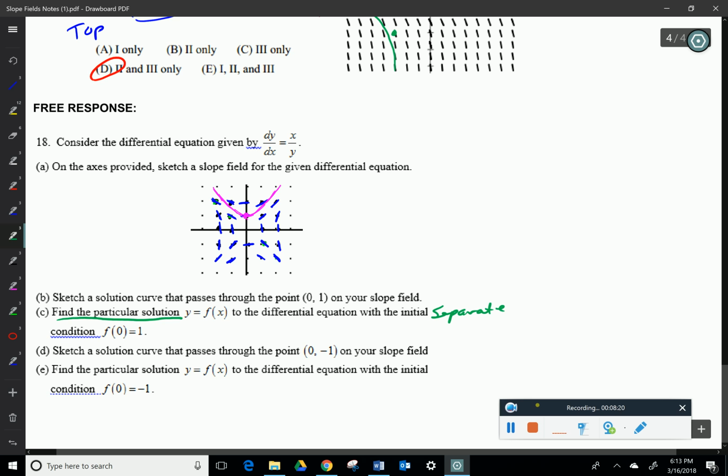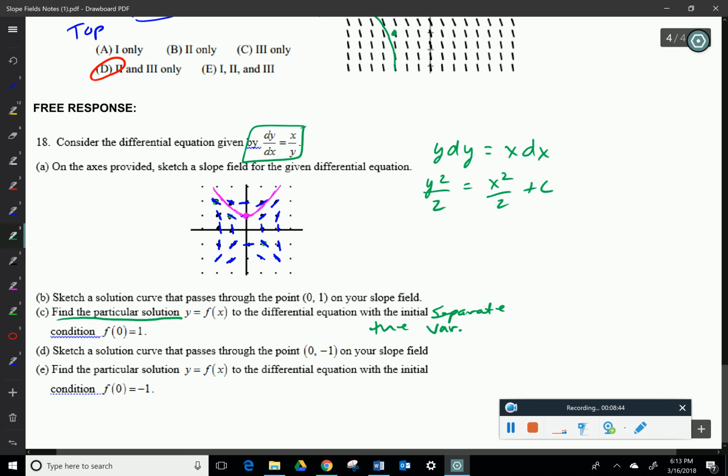Separate the variables. So in other words, what they want us to do is they want us to take this original derivative, right? Separate the variables, so it's going to be y dy equals x dx, and then integrate both sides, right? So y squared over 2 equals x squared over 2 plus c.